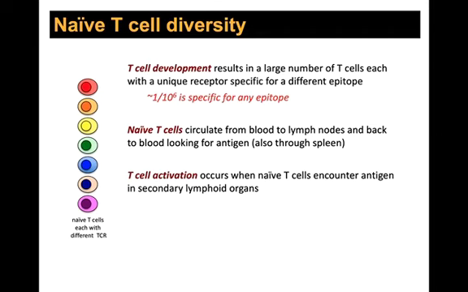T cell activation, though, just like initial B cell activation, has to occur in those secondary lymphoid organs, either spleen or lymph nodes, when the T cell encounters antigen on a dendritic cell. And so that's what we're going to focus on in this class.